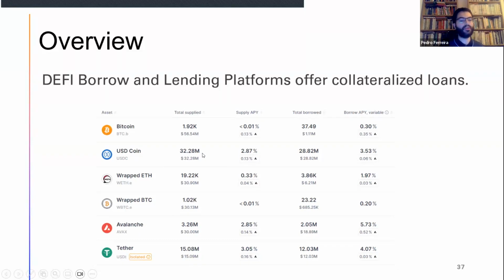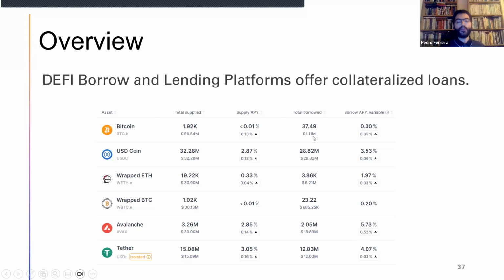You can see 32 million are deposited in USDC on this platform, and they are paying 2.87% for depositing, which means that you receive 2.87% every year by depositing here, plus a bonus of 0.13% in AVAX, which is a bonus token.